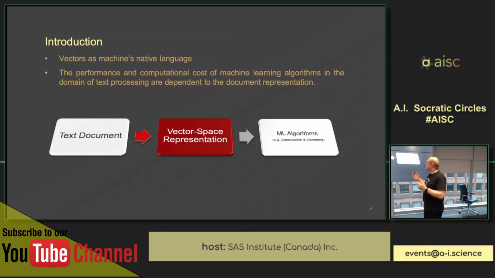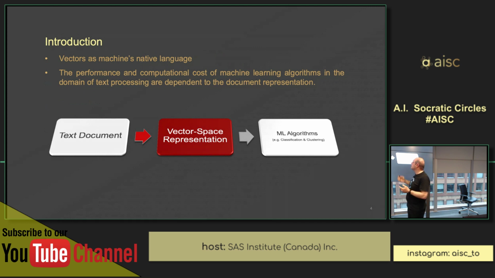Similar to other domains in text mining, we are using vectors. We should convert the text to vectors, which are the native language for machines. In the text mining domain, we first convert the text document to a vector space representation, and then use this representation in machine learning algorithms for different tasks like classification and clustering.